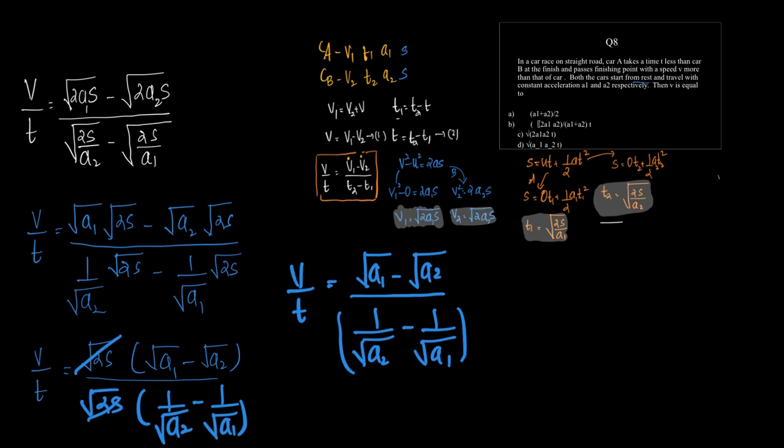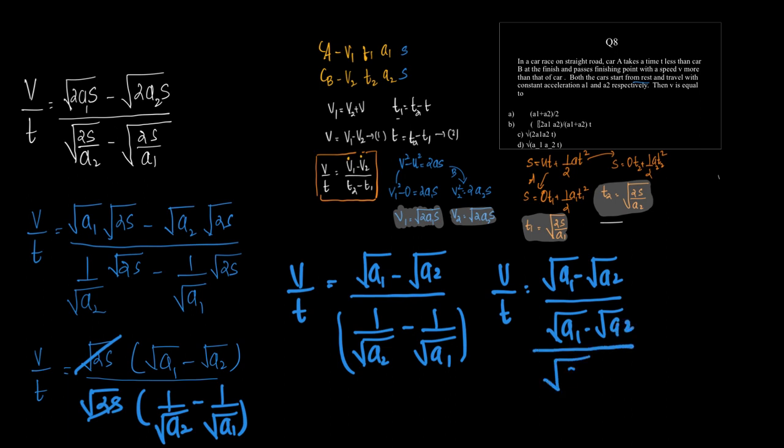Which further implies V by T is equal to root A1 minus root A2, the whole upon root A1 minus root A2 by root A2 into root A1. Why? This is basically like this: 1 by a minus 1 by b is equal to b minus a by ab. That's what I've done here.